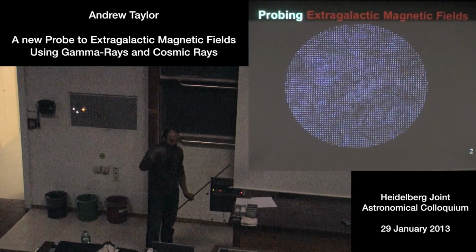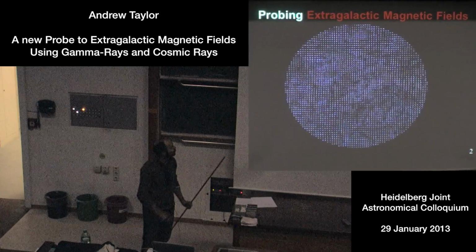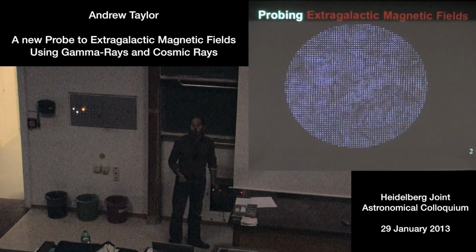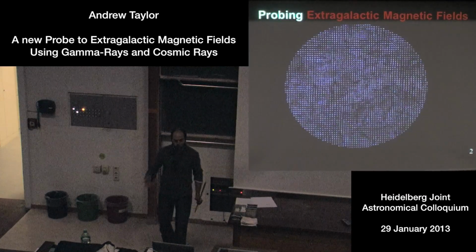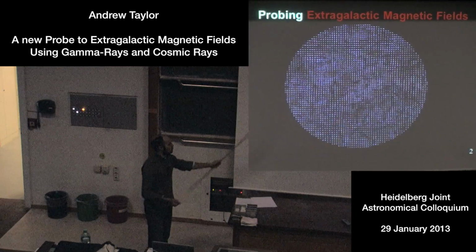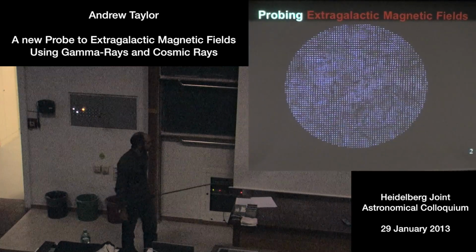The reason I'm talking about this, which seems a bit different to the title, is that the question is where these extragalactic magnetic fields came from. This simulation was started at a redshift of 20.